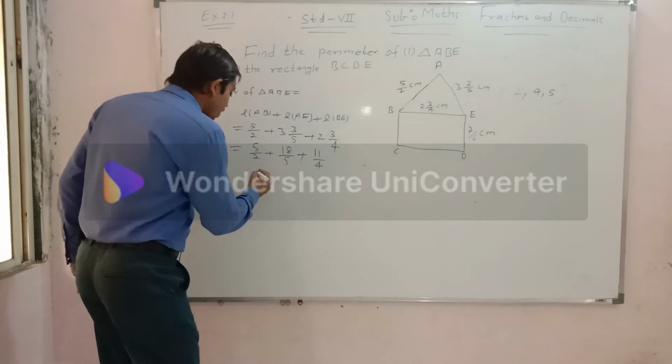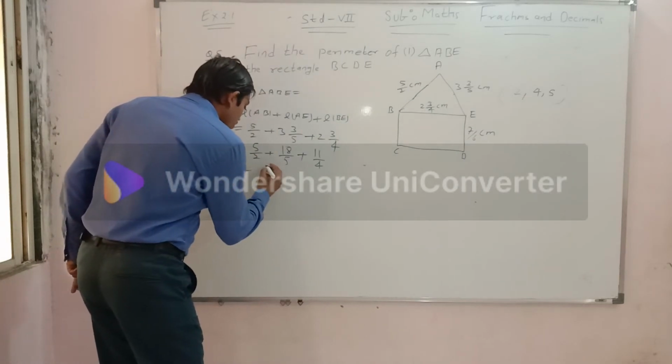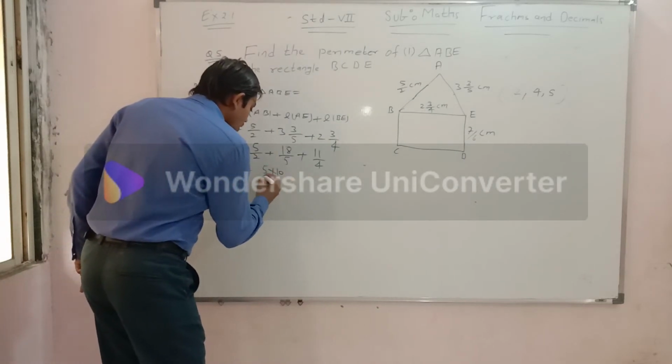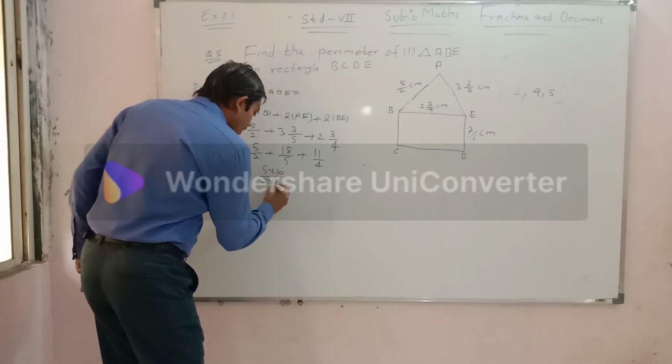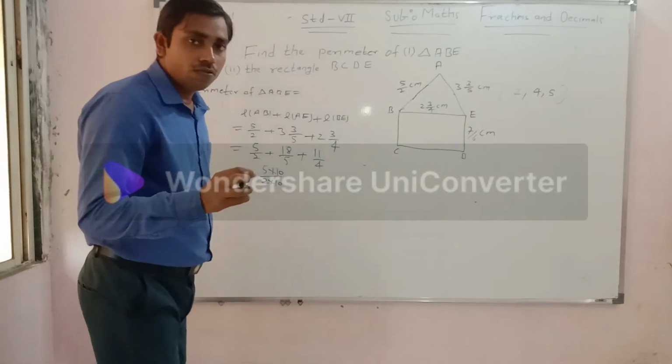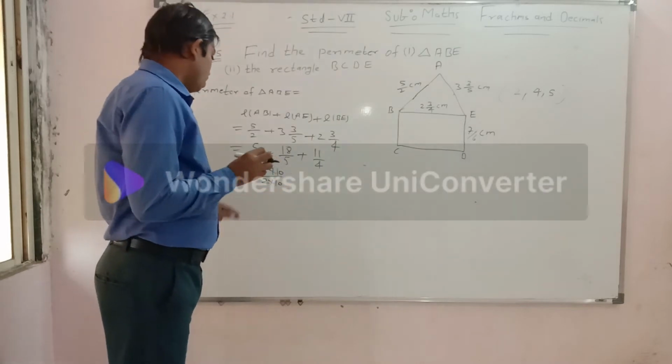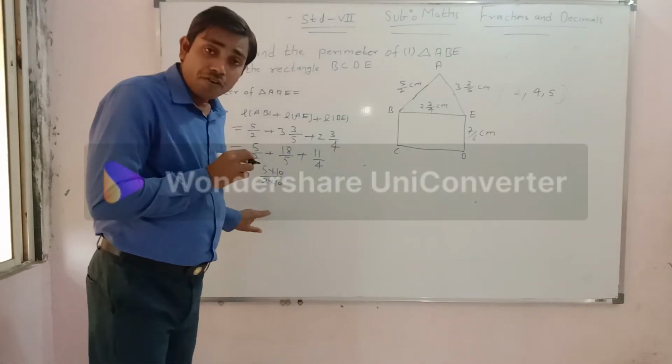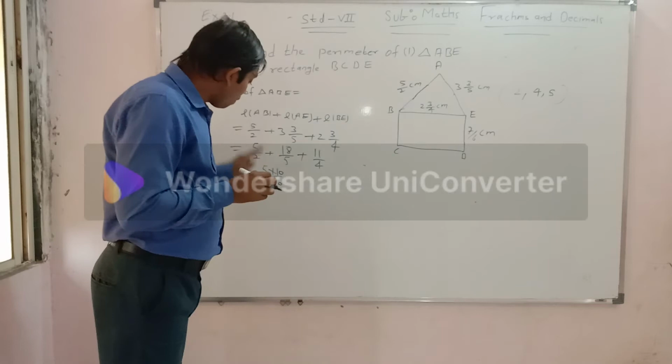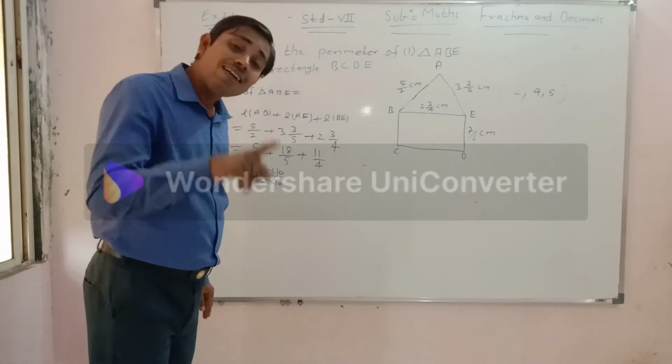Here 5 multiplied by 10, and then the denominator must also be multiplied by 10. Why? As I told you in the earlier lecture, whatever number you multiply in the numerator, you must multiply in the denominator with that number only.